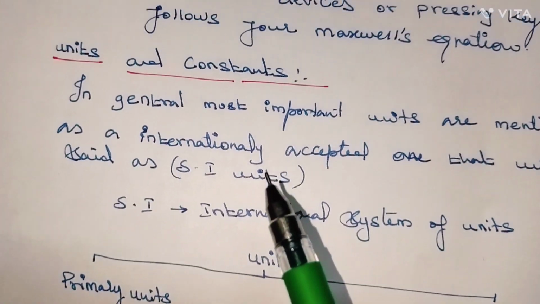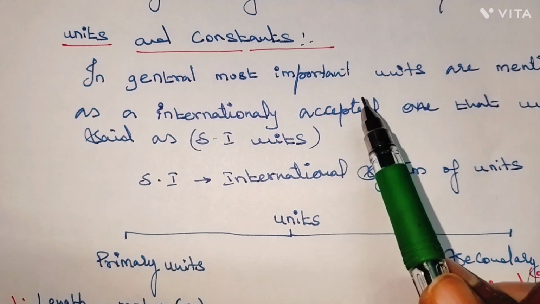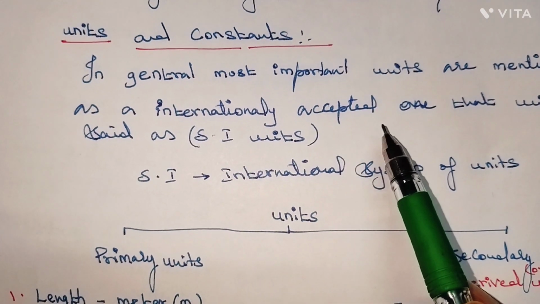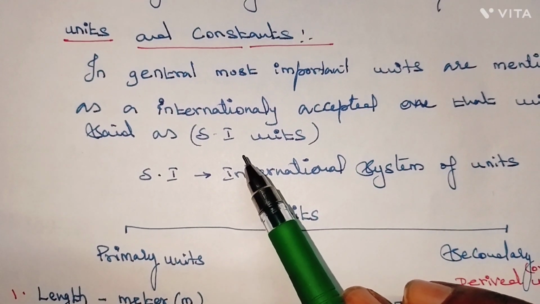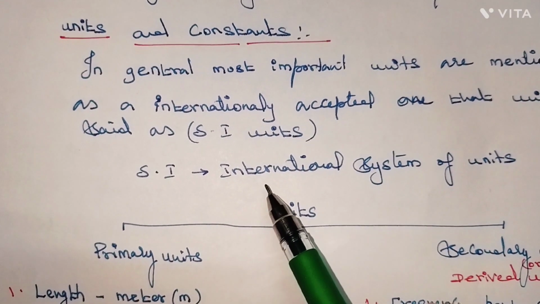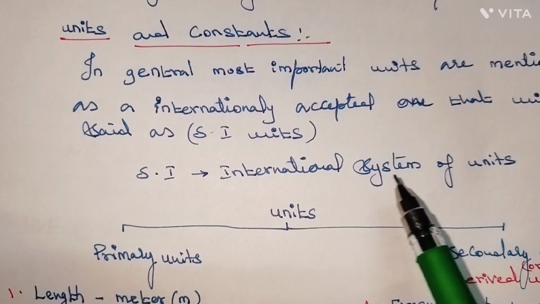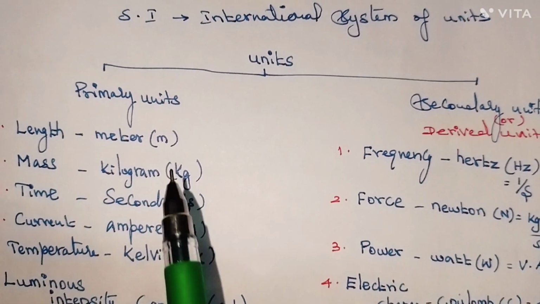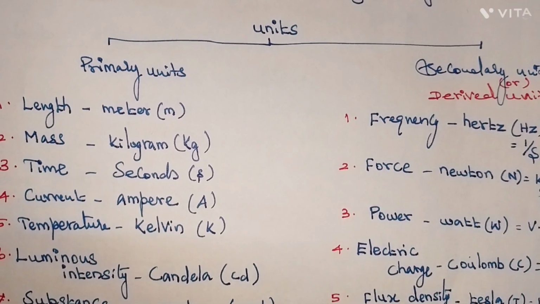Now we go for a discussion about units and constants. In general, the most important units are internationally accepted and set as SI units, the international system of units. These units are classified into two types: primary units and secondary or derived units.